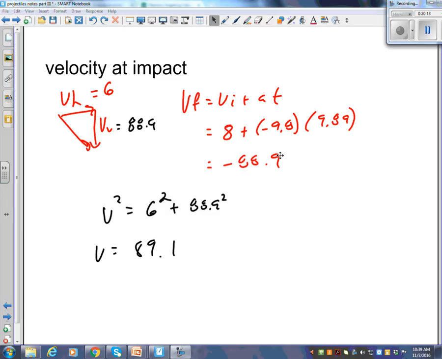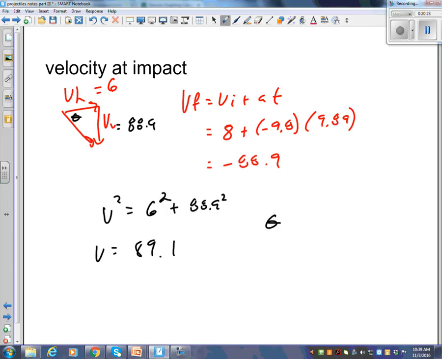89.1. And why is that? Because the vertical is so high, right? So that's why it's hard to change it at all. And do you need the angle? Yeah. It's going to be some really big value. Inverse tan of 88.9 over 6.